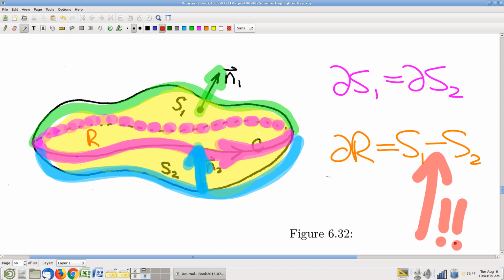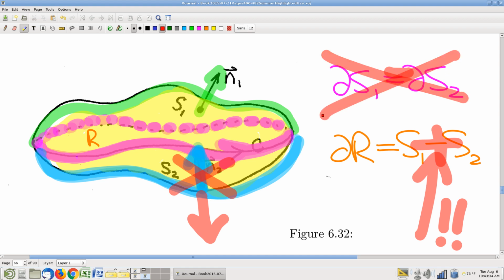And again, it's tempting to say we must have made some wrong choice somewhere, somehow. And I remind you that no, it's really not a wrong choice. If you were to say, I don't like that, I want to orient this downward so that this becomes a plus, then you're going to get a minus sign up there. And we can't have that, right? We need these two surfaces to have the same boundary curves.